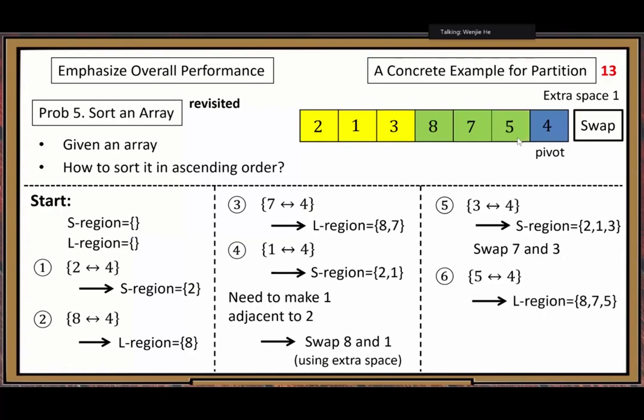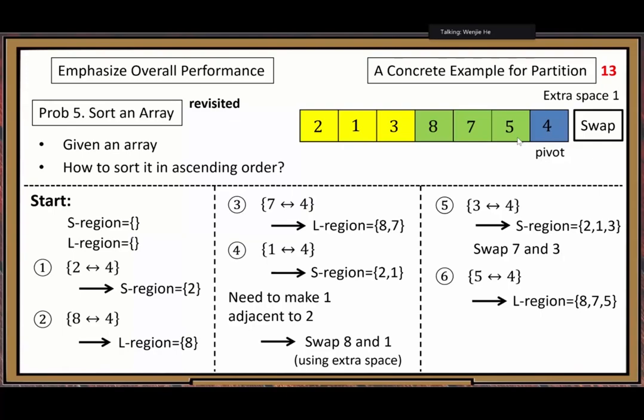So you can see when we put an element in the L region, we do not need to swap. But when we put elements in the S region, the first element you do not need to swap. But after the first one, the remaining elements you may need to swap.